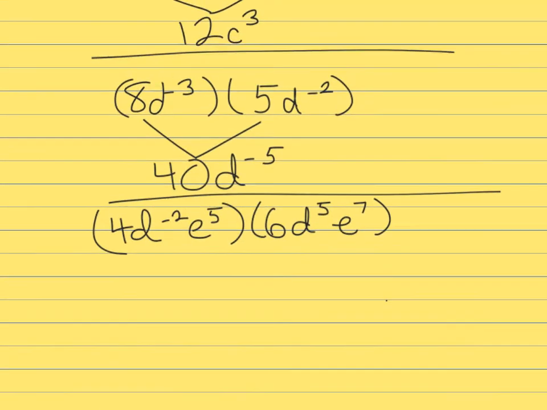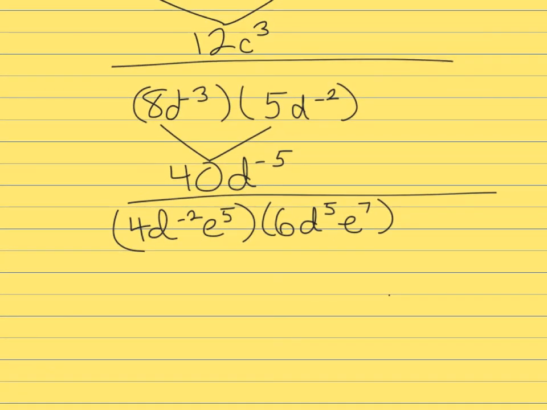Then what we would do is multiply our coefficients and get 24. We would add the exponents on d, negative 2 and 5, and we would get d to the third. And then we would add the exponents on e, the 5 and the 7, and get 12.